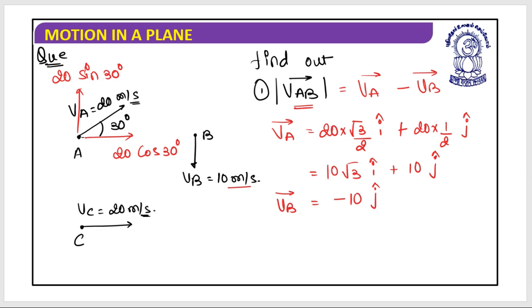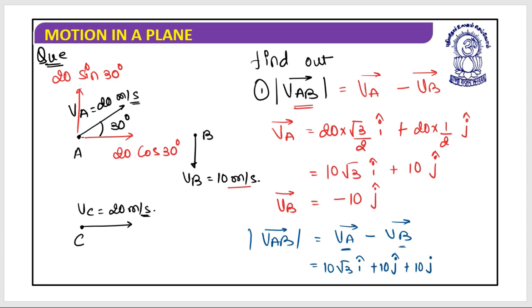Now what I want is VAB, the velocity of A with respect to B. So VAB can be given as VA minus VB. So I know that there is an addition of i cap to i cap and j cap to j cap. So this is 10 root 3 i cap plus 10 j cap plus 10 j cap, which is 10 root 3 i cap plus 10 plus 10, a 20 j cap.